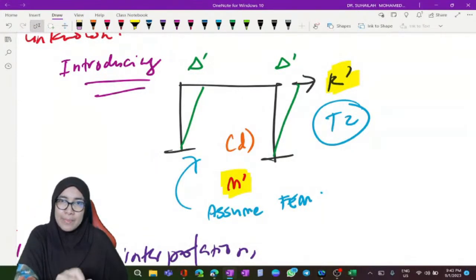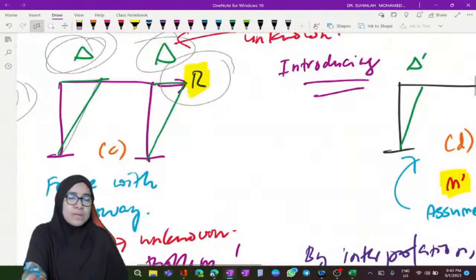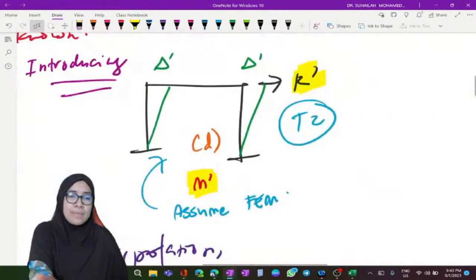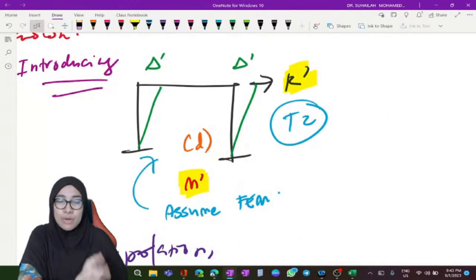So we assume FEM for diagram D. We introduce D exactly the same as diagram C, but proportional, meaning we derive M, the end moment for C, based on comparison or interpolation. This is the diagram we analyze in table number 2, due to R prime.